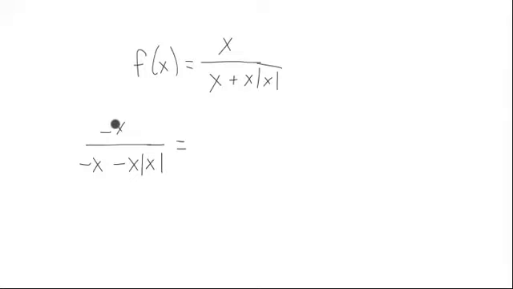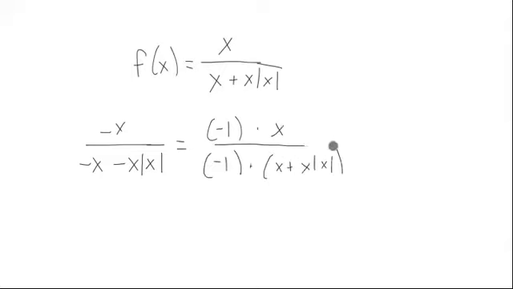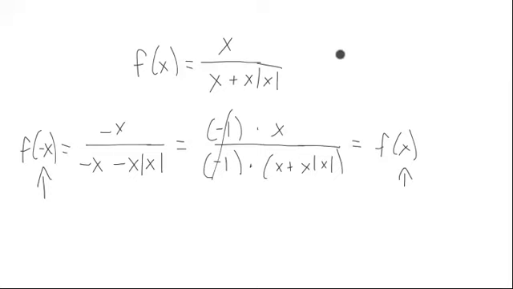Notice that if we factor a negative out of the top and a negative out of the bottom, we end up getting the exact same thing as we started with, which means the y value of this graph is the same as the y value of that graph, where we've reflected and where we haven't reflected, which means it's the same graph. We actually get the exact same graph by the reflection, which means it has an even symmetry, so it's even.